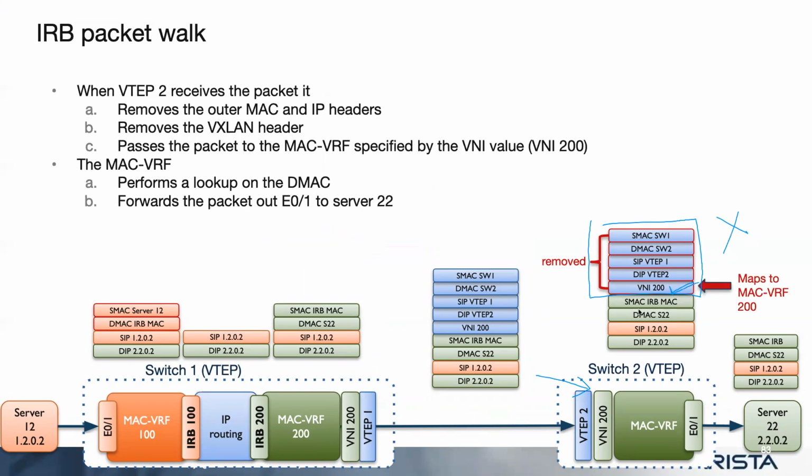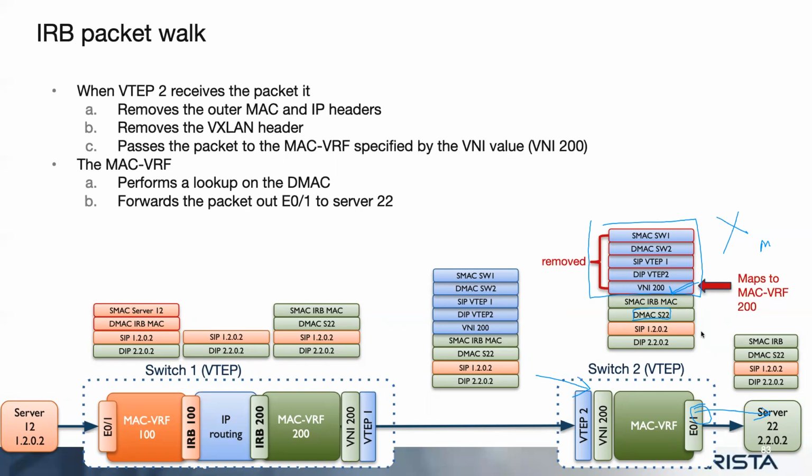Now it checks the destination MAC, which is already learned on this interface. So it consults its own MAC table, and based on the destination MAC to interface mapping, it forwards the packet to the destination server.